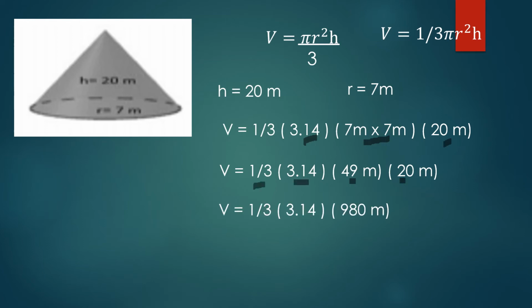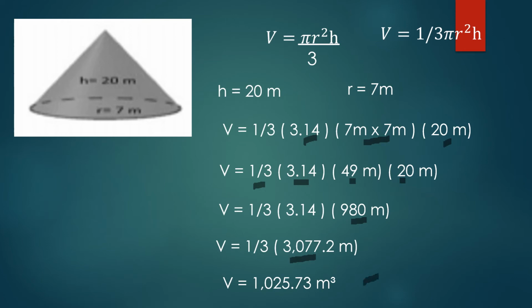So, 49 times 20 is 980. Saka natin i-multiply sa 3.14, so we have 3,077.2 meter times 1 divided by 3. No? So, the volume of this given cone is 1,025.73 cubic meters. So, this is now the volume of this given cone.